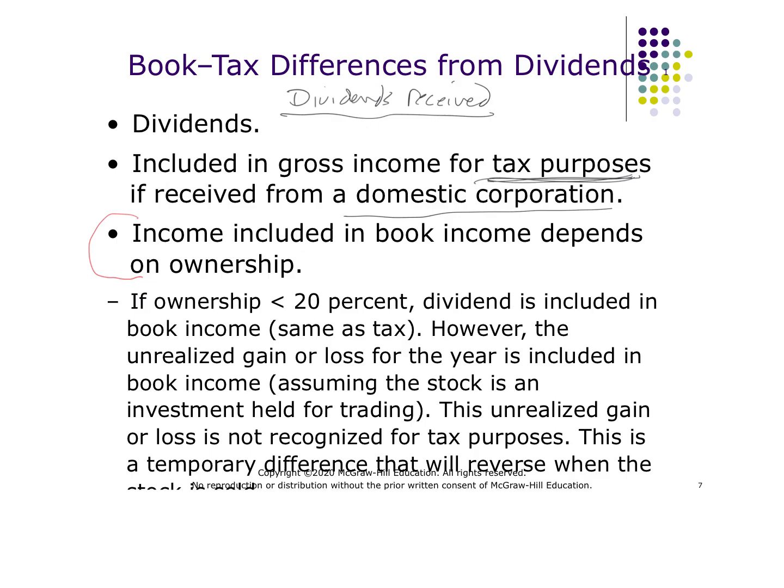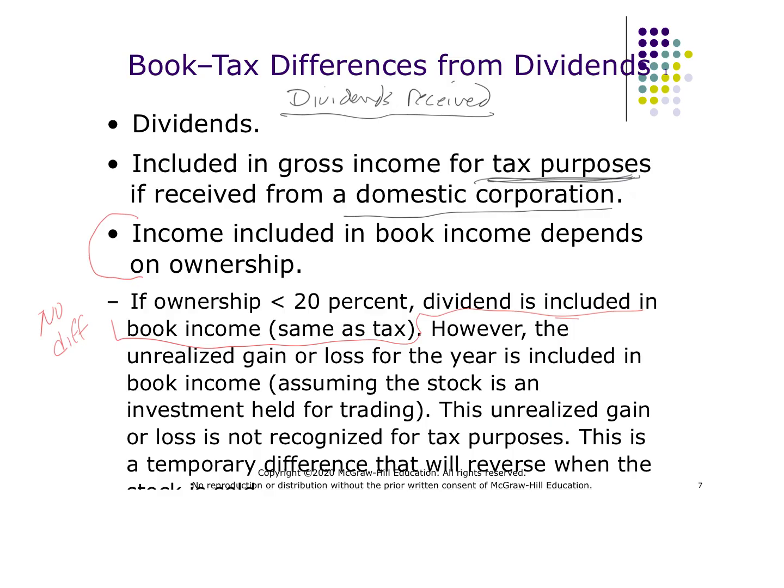For book purposes, you have to pay attention to the ownership percentage. If a corporation owns less than 20% of another corporation, the dividend is included in book income, same as tax, so no book tax difference there.